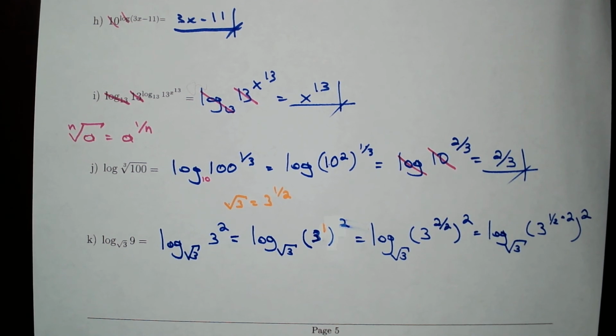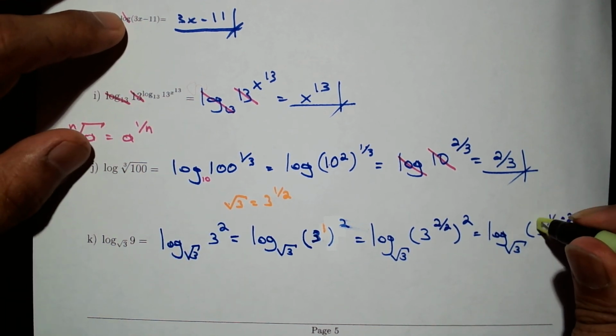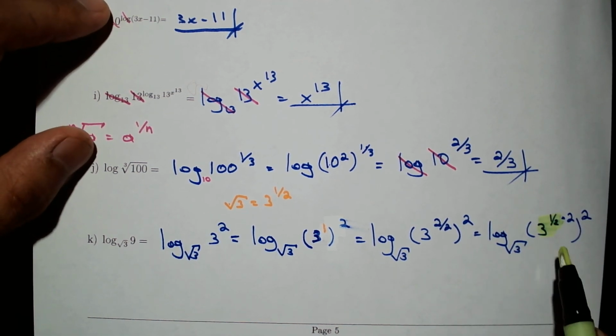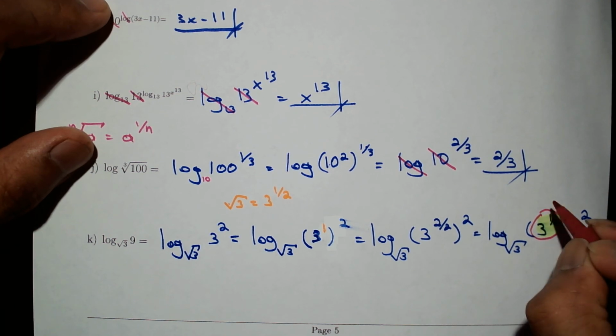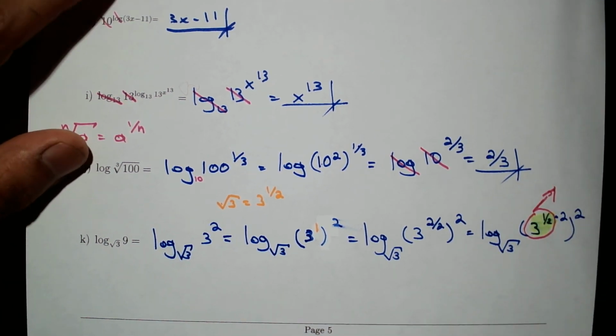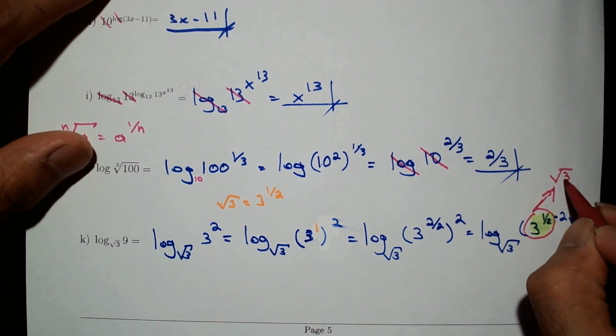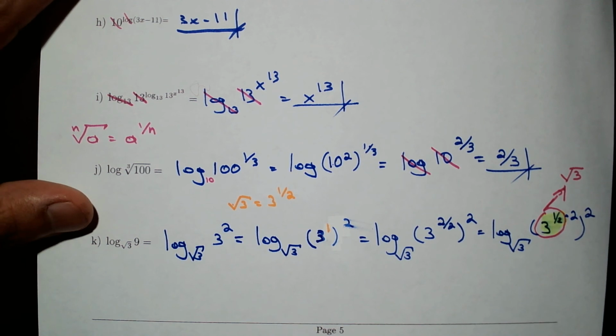All right. Now there's one thing that we need to observe. Let me highlight this 3 to the 1/2. That's going to be turned into the square root of 3, which is finally going to match over there.